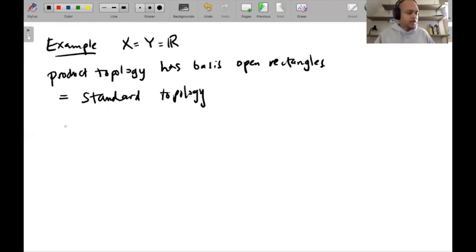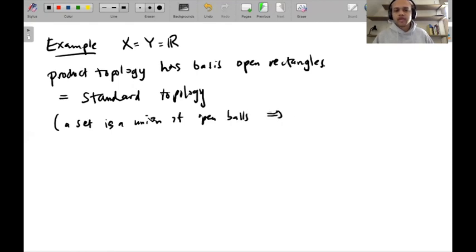The reason is, the standard topology has a basis of open balls, but a set is a union of open balls if and only if it's a union of open rectangles.